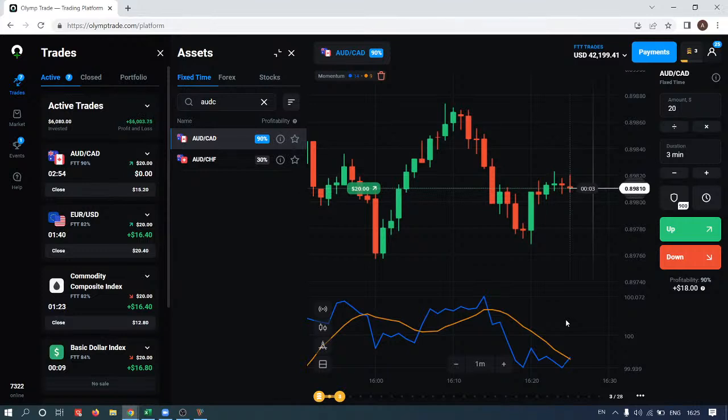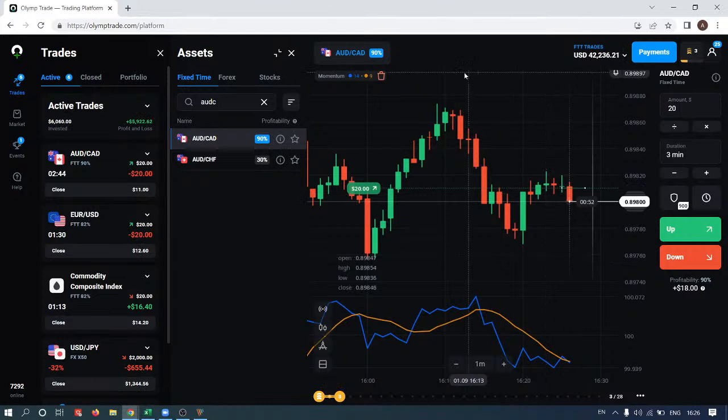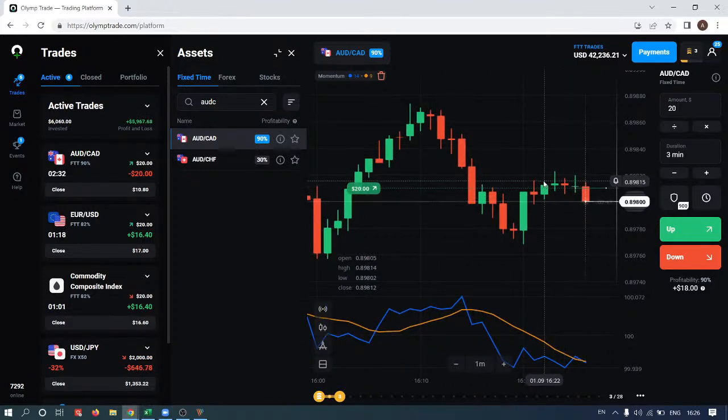So ideally, you want signals to have some distance between them. They shouldn't be coming one after another. So it's more like you get a signal and then the next signal appears in at least 10 minutes. You don't want to be opening too many signals one after another. You just kind of want to wait.